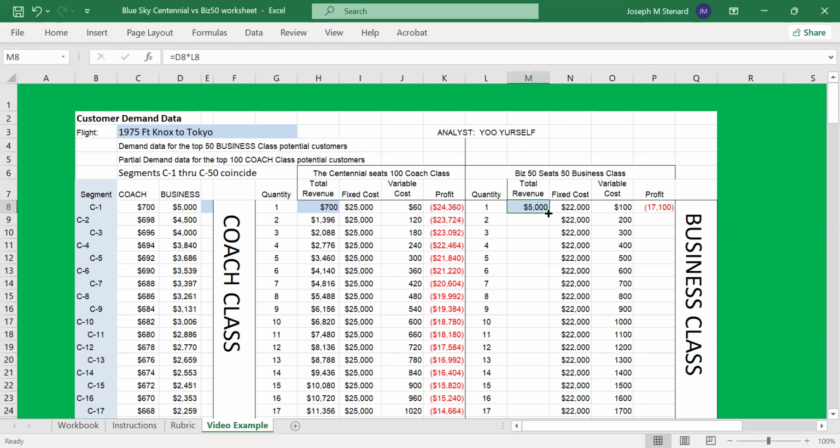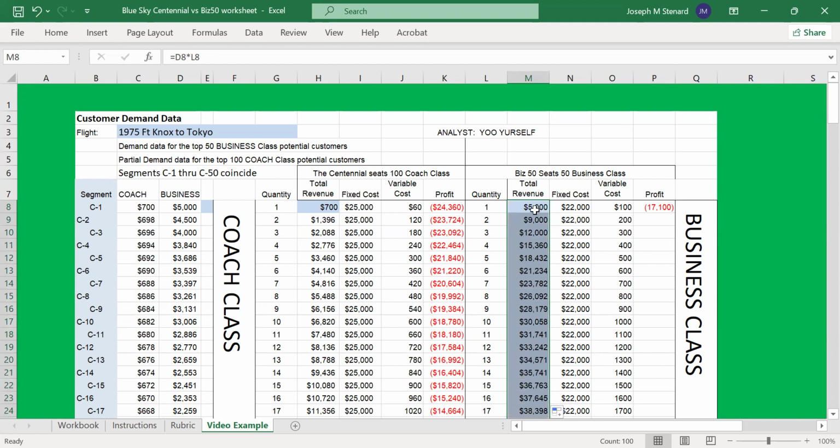So now that we have that figured out, we're going to fill in the total revenue, which is multiplying these business class prices times the, we're saying, let's say if we wanted to get 10 people to fly this plane, we'd have to charge a price that was $3,006 or less.